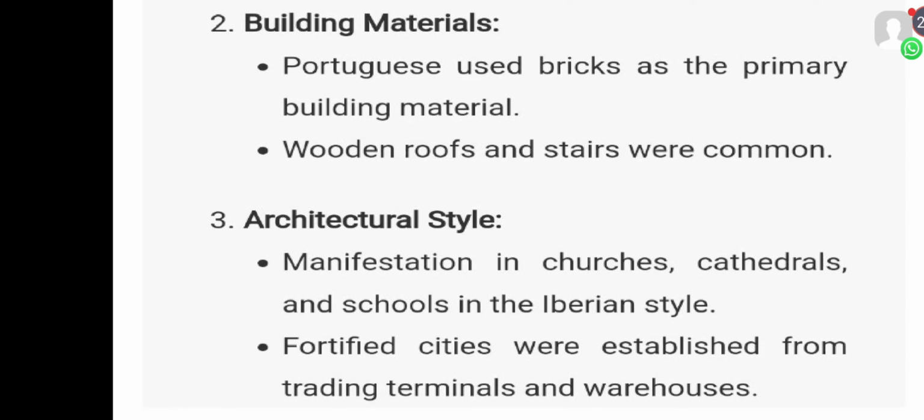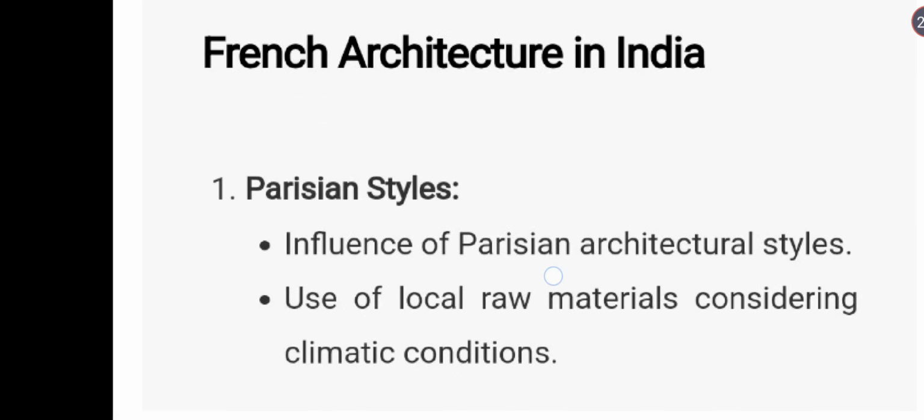Another architectural style is the magnificence of the churches and churchyards, schools, and libraries, which are very similar, and the front of the cities was established with trading and warehouses.